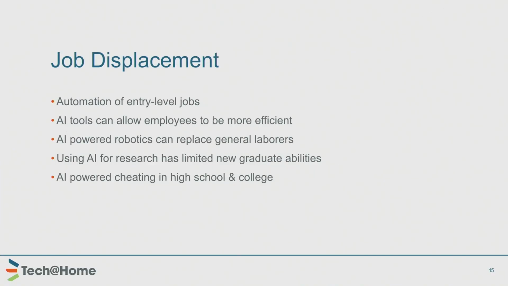So job displacement, one of the biggest, most topical things in regards to AI, because people are now automating away all of the entry-level jobs. So anything you could think that would be pretty much entry-level, like general labor.